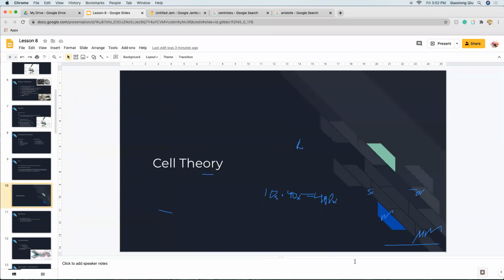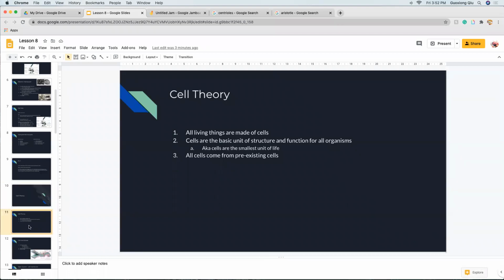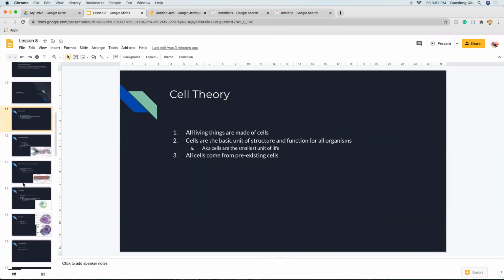Cell theory. So there are 3 parts to cell theory. Number 1, all living things are made of cells. 2, cells are the basic unit of structure and function for all organisms, or another way to put it, cells are the smallest unit of life.